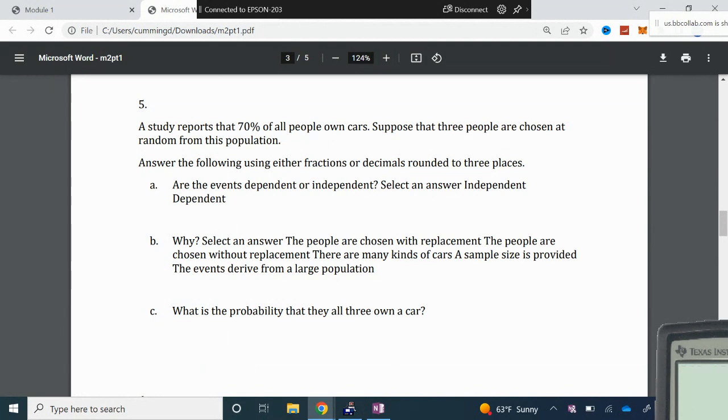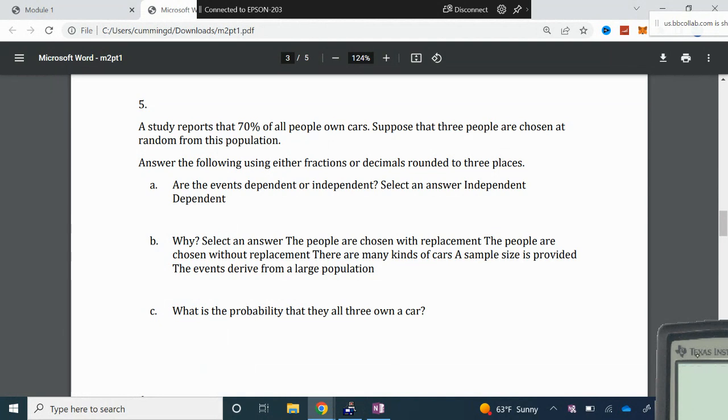B asks for why. The reason why, and then there are some choices. It says select the answer. The first one says the people are chosen without replacement. The next says there are many kinds of cars. The next one says a sample size is provided, and the last one says the events derive from a large population.